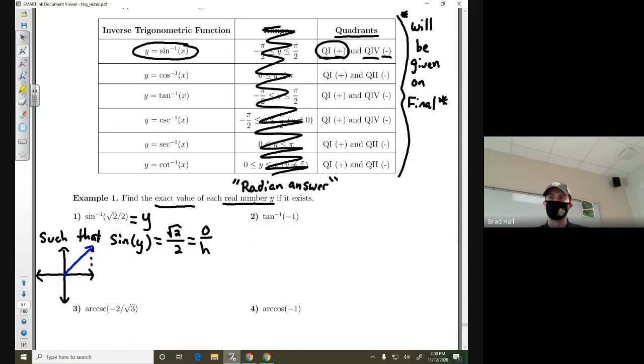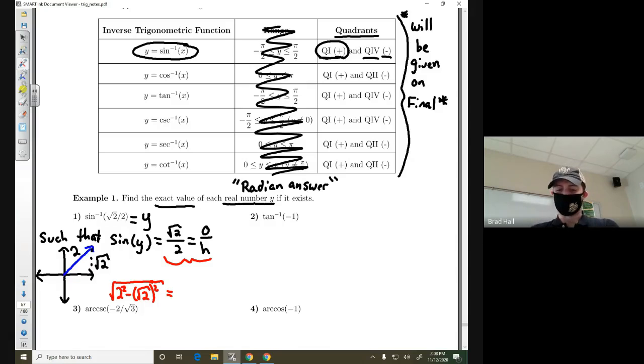And so how do we fill in the aspects of the triangle? Well, that's where this part comes into play. The opposite is the square root of 2. The hypotenuse is positive 2. And we could figure out the third side pretty quickly by using the Pythagorean theorem. That's the square root of 2 squared minus square root of 2 squared.